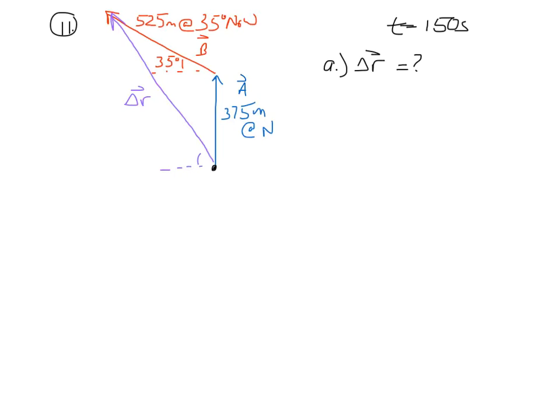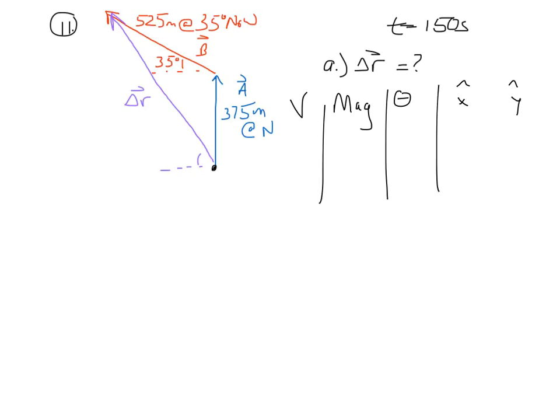We have magnitude and direction, so we need to add them using the component method. We can't use unit vectors because we don't have the individual components yet. We'll put together our vector table: the vector, its magnitude, its direction, the x component, and the y component.